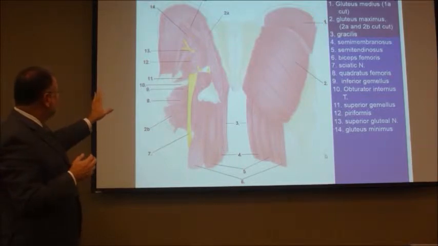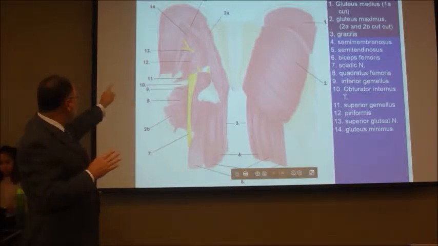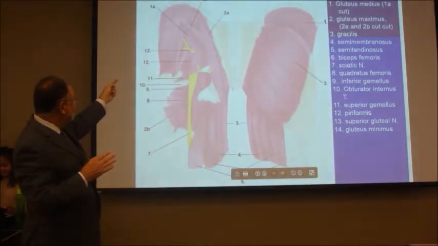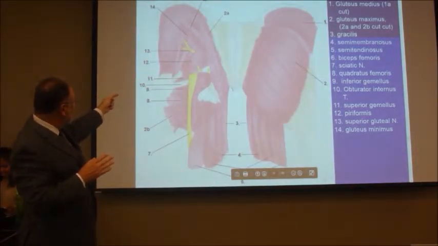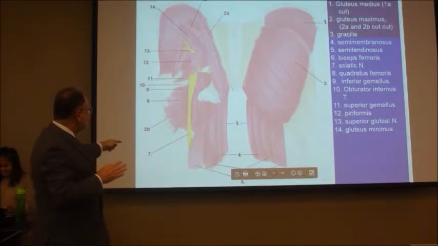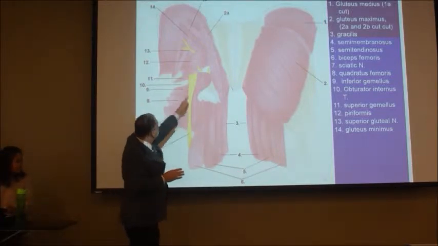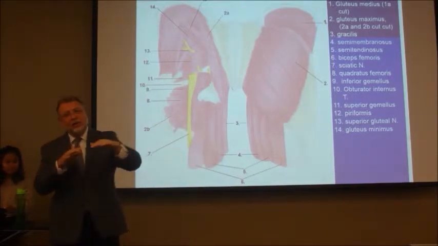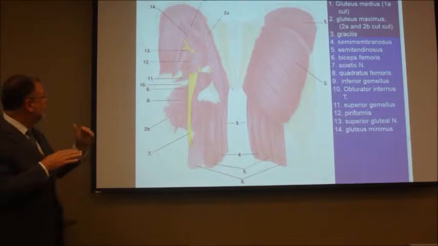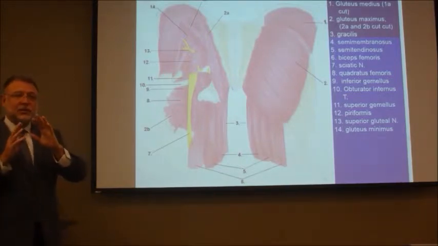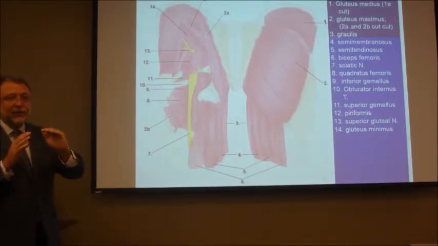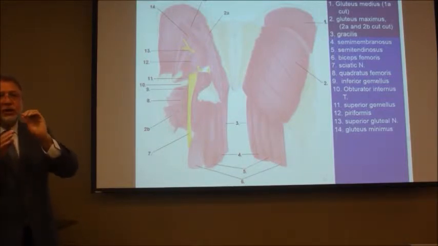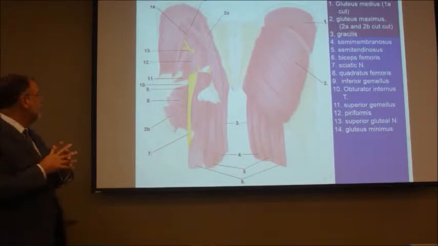This is just a schematic representation of the piriformis as number 12. You can see number 13 as the superior gluteal nerve, and underneath, at 7, is the sciatic nerve, but the inferior gluteal nerve goes along with that sciatic nerve. There are some chances that the inferior gluteal nerve might pierce or go through a specific area of the piriformis.